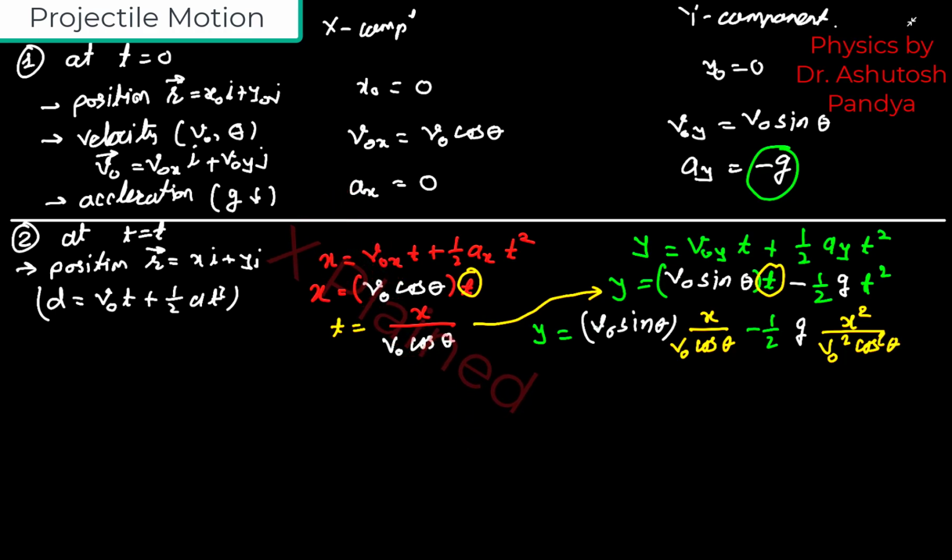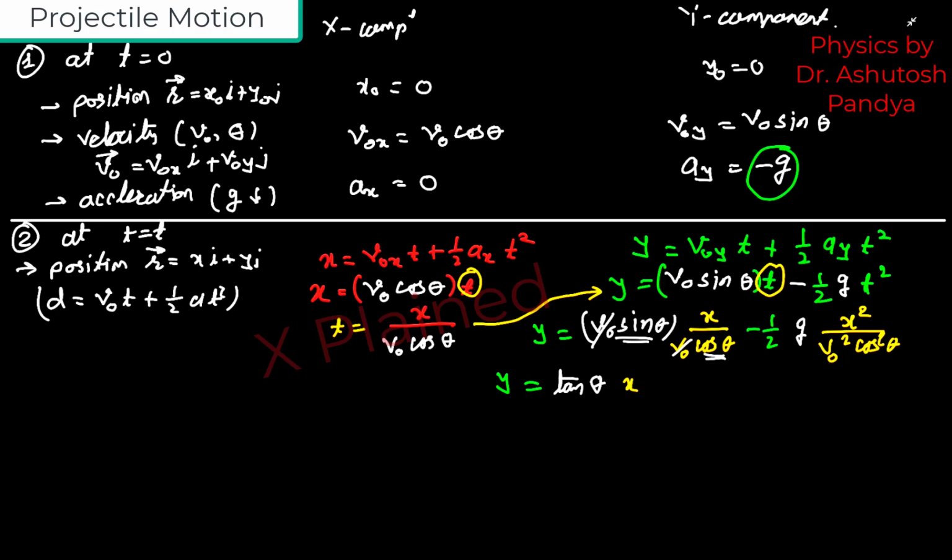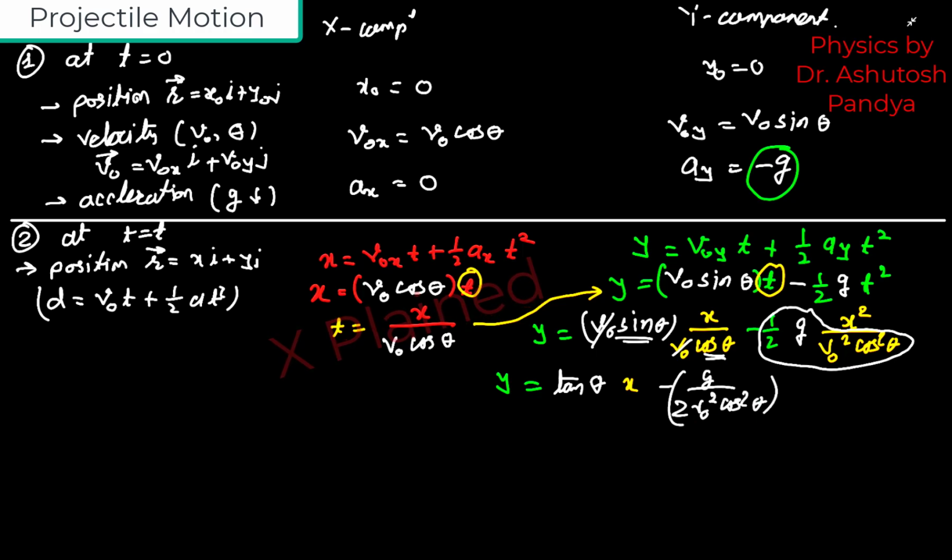Now in the first term, v0 will be cancelled out and we'll get y is equal to sine upon cos, which becomes tan theta into x, minus g upon 2 v0 square cos square theta into x square.